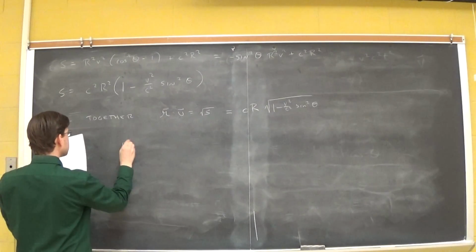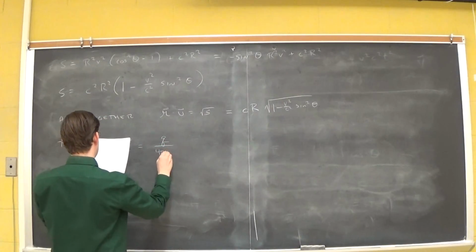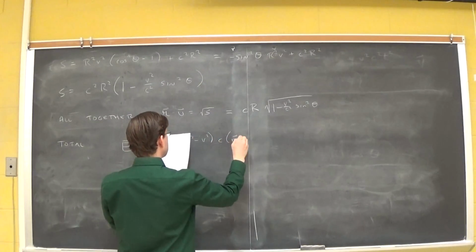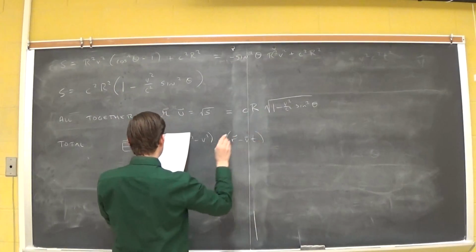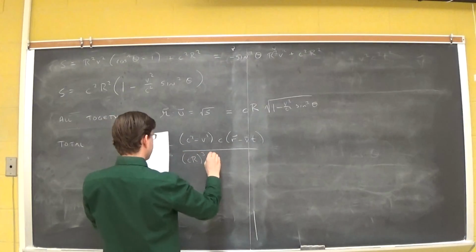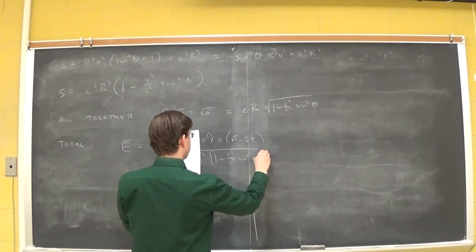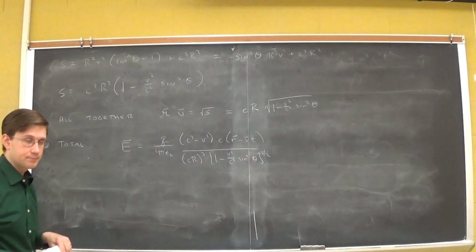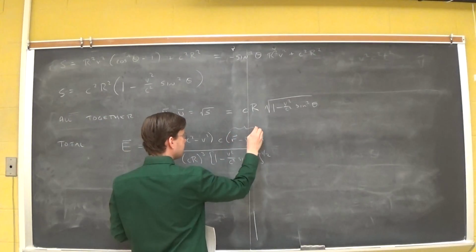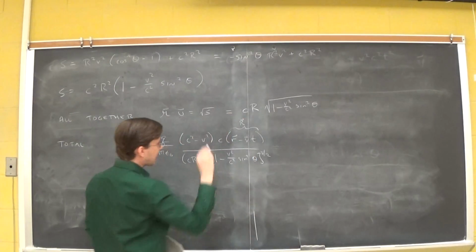we now have, for a constant velocity particle, that the electric field is q over 4 pi epsilon naught times (c squared minus v squared) times c times (r minus vt) over c R cubed times (1 minus v squared over c squared sine squared theta) to the 3 halves. And then as the final last little thing, we notice that this combination of little r minus vt is exactly what we had defined to be the capital R vector.